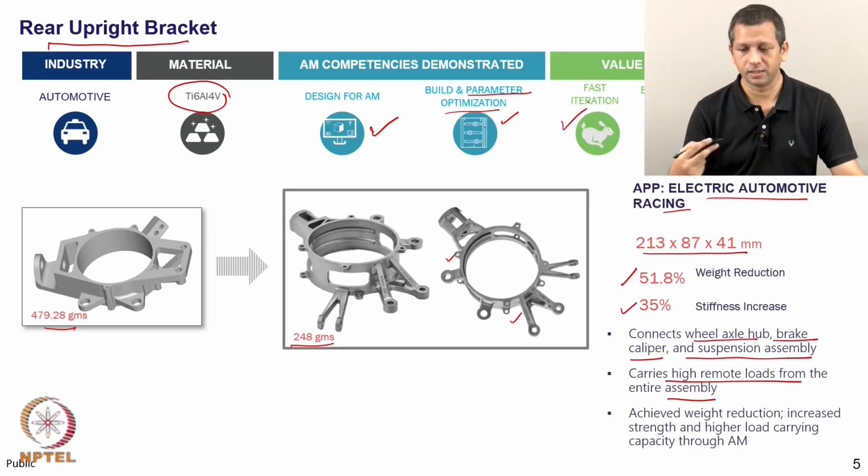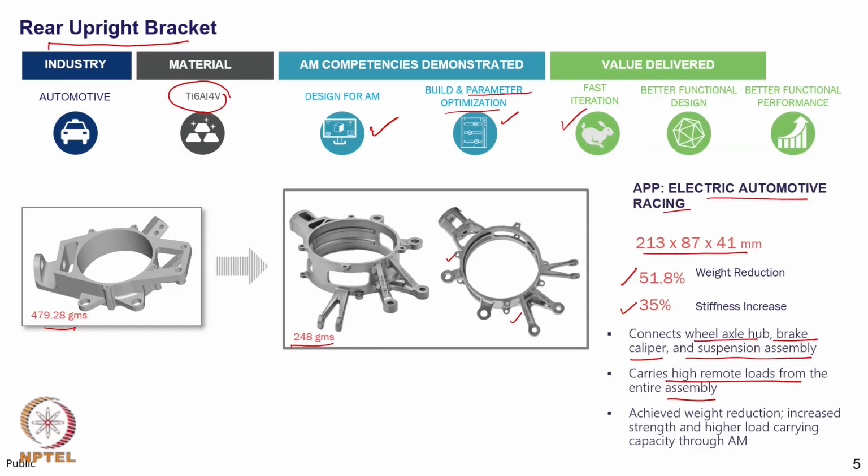We can change the design and the process iteratively without any need of change to any tools that we use or molds, etc. There are fewer dependencies. We have a much better functional design, and we also have much better functional performance.